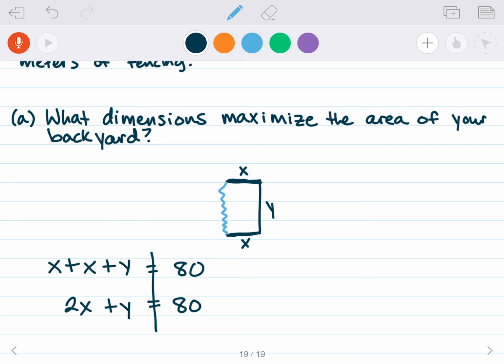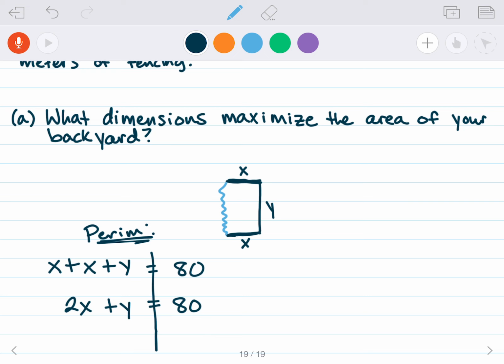And what I'm going to do to set this up is isolate for y, because I'm also going to use an area function. So this is the perimeter function that I was given. I know that I have 80 meters of fence to use along the whole perimeter of my backyard.